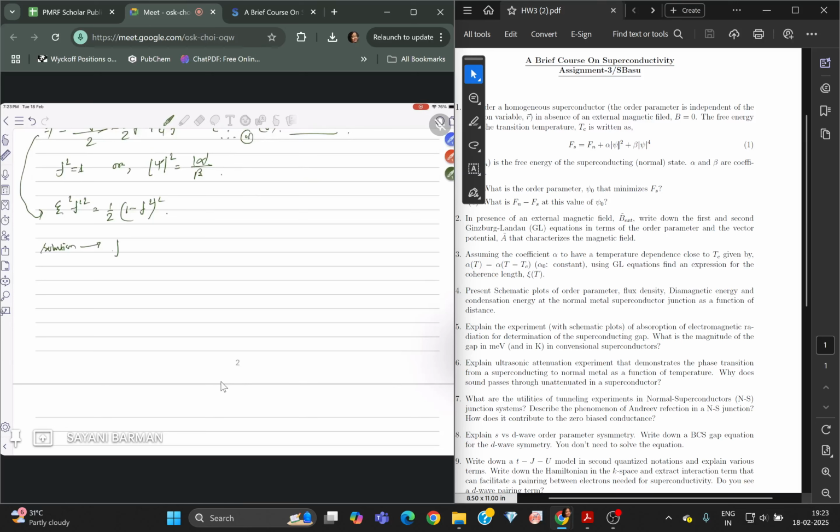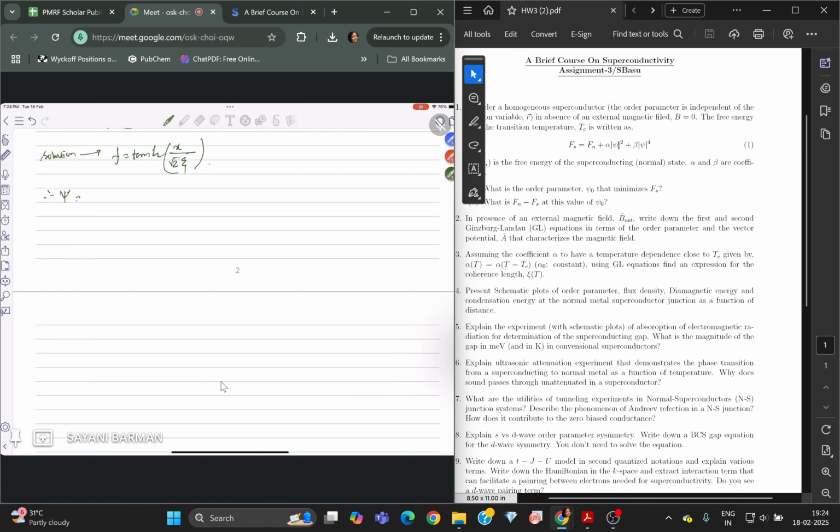The solution would be f equals tanh of x by root 2. Hence psi would be.